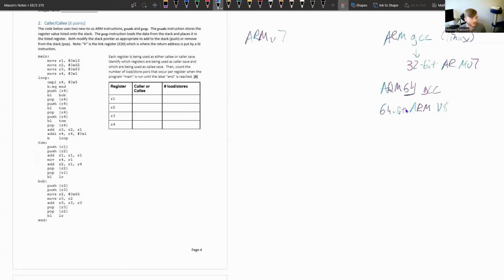Then in the loop, we're comparing register 4 with 5. And if it's equal to 5, we're done. We're going to branch to end. So register 4 is starting with 1, and then skipping down here, the next time we see register 4 really being modified is here.